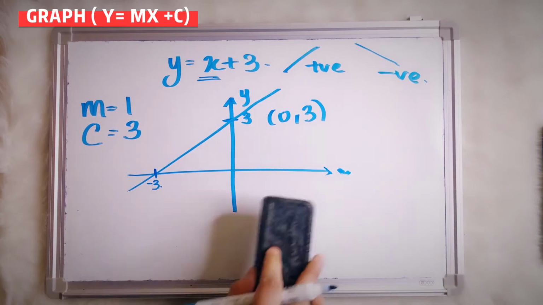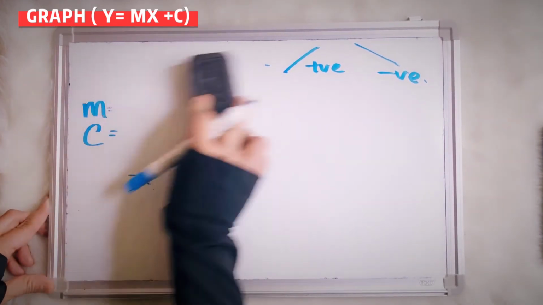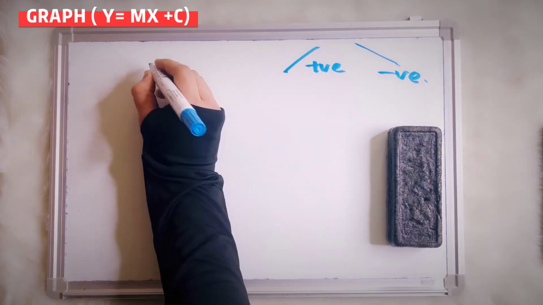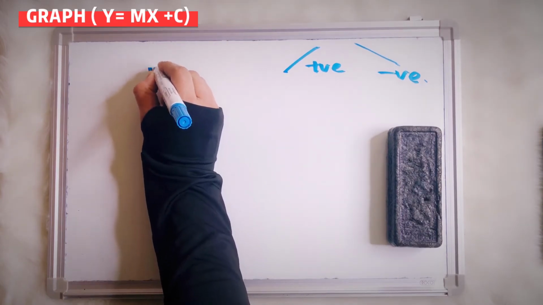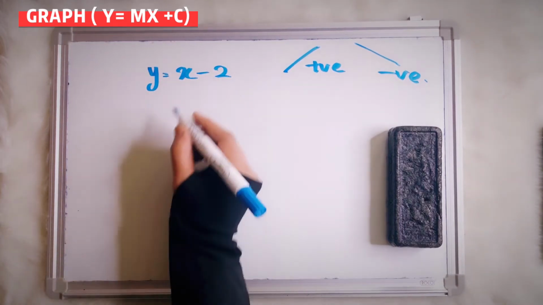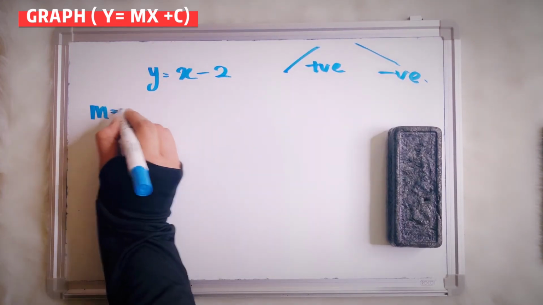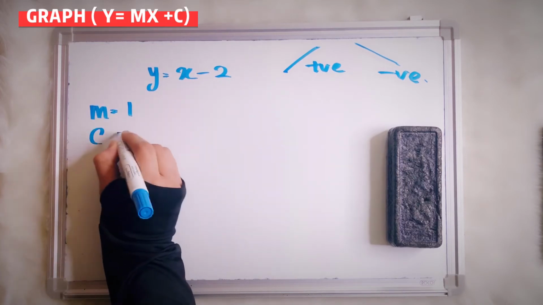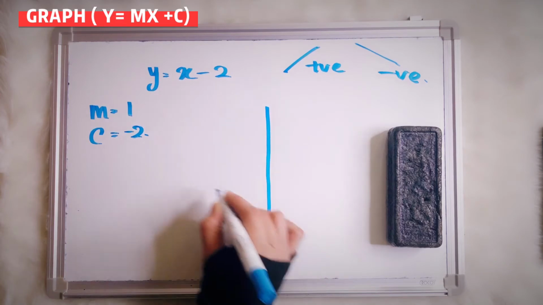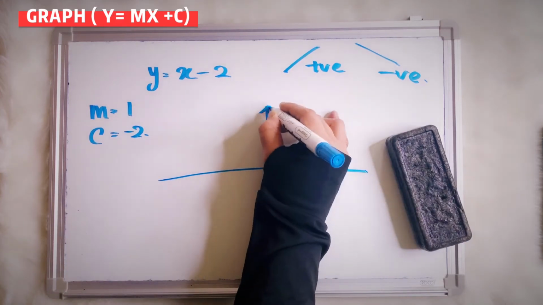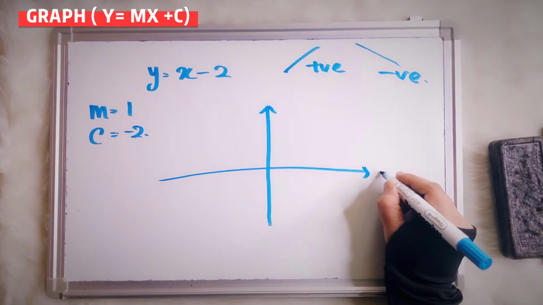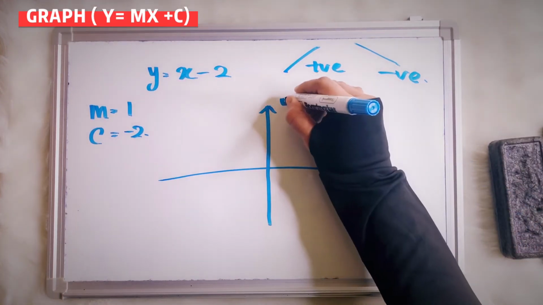Next one. If your equation is y equals x minus 2, that means your m is 1 and your c is negative 2. Same thing, this is a positive graph also because there is no negative sign in front of x. This is x and this is y.